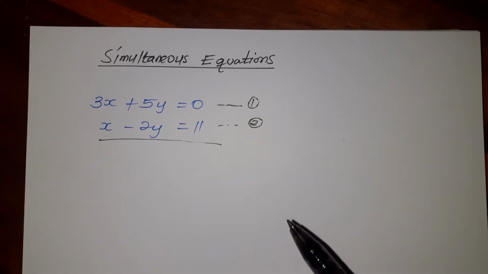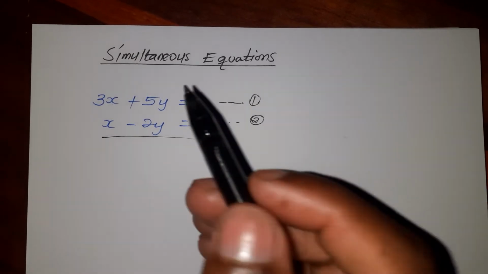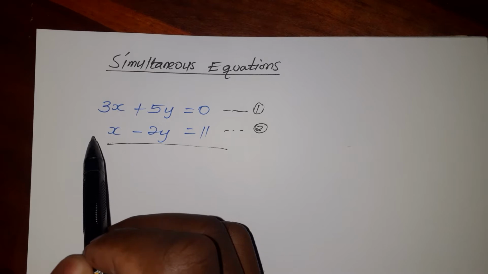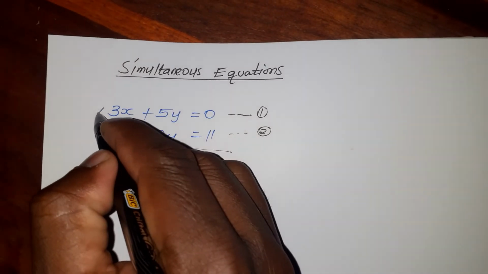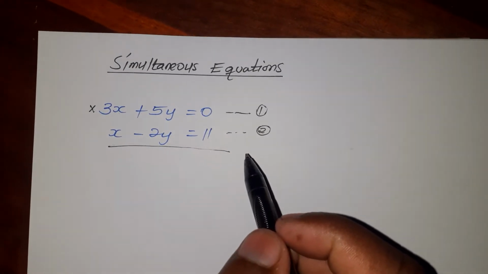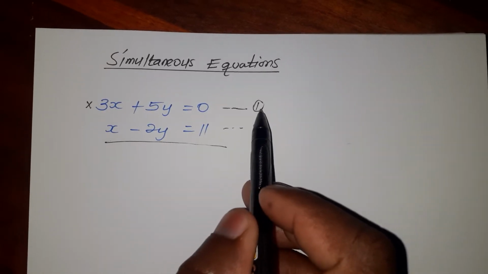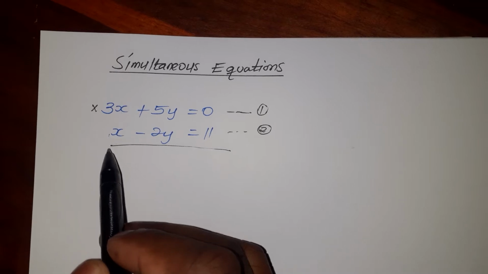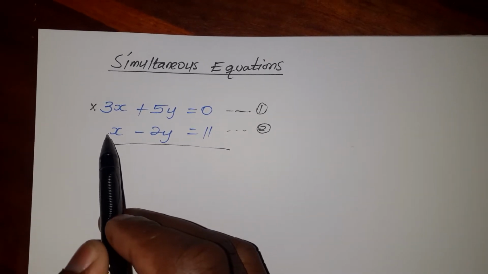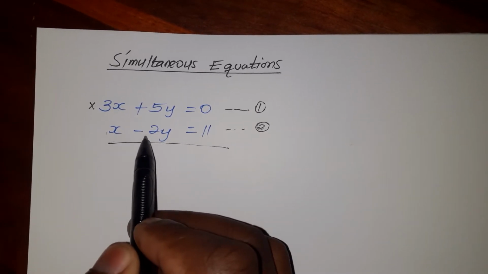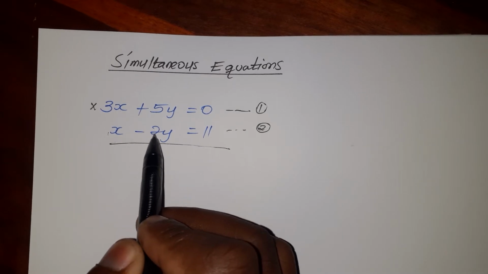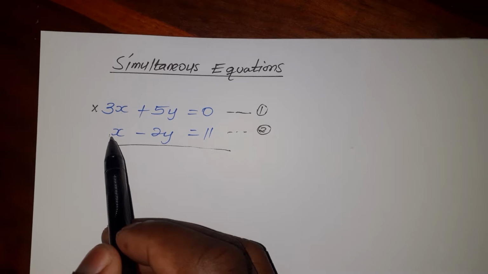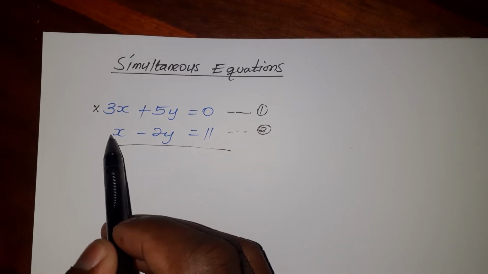Now, how do we do that? We do that by multiplying the first equation by the coefficient of the first variable, or you could also multiply by this coefficient here. It is still fine, but in this video we are going to work with the coefficient of the first variable, which is 1 here.